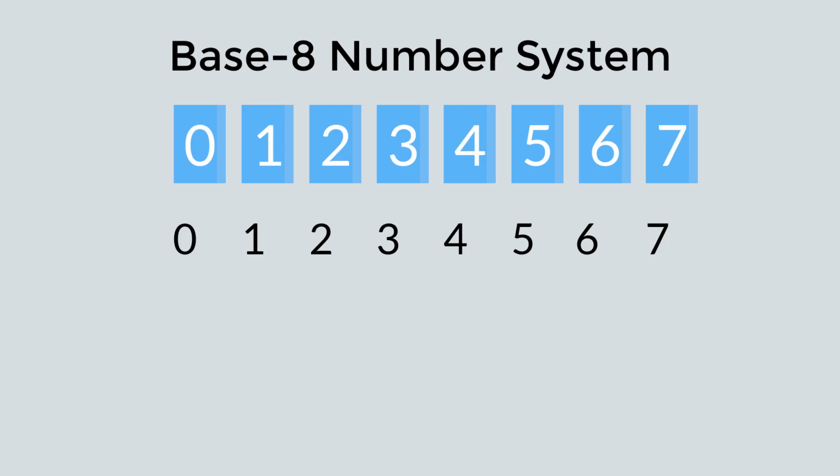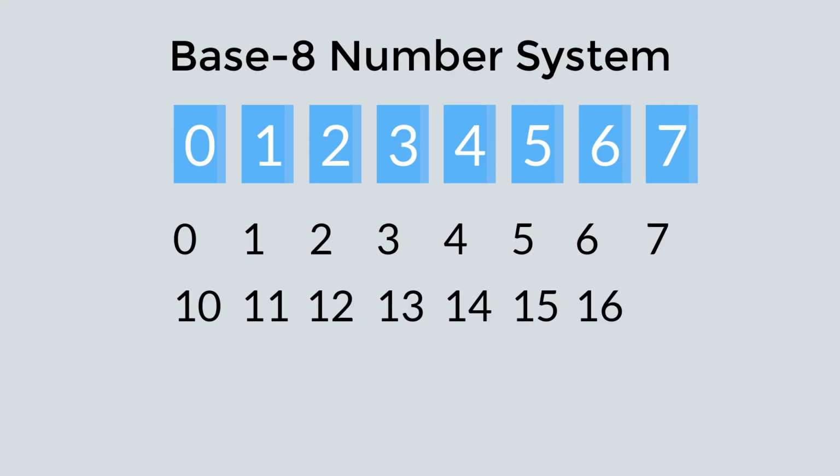After 7, we move to the next position and write 1, 0. In base 8, 1, 0 means one group of 8 and 0 extra ones. Then we continue 1, 1, 1, 2, 1, 3, 1, 4, 1, 5, 1, 6, 1, 7. After 1, 7, we move to 2, 0. This means two groups of 8 and 0 extra ones.